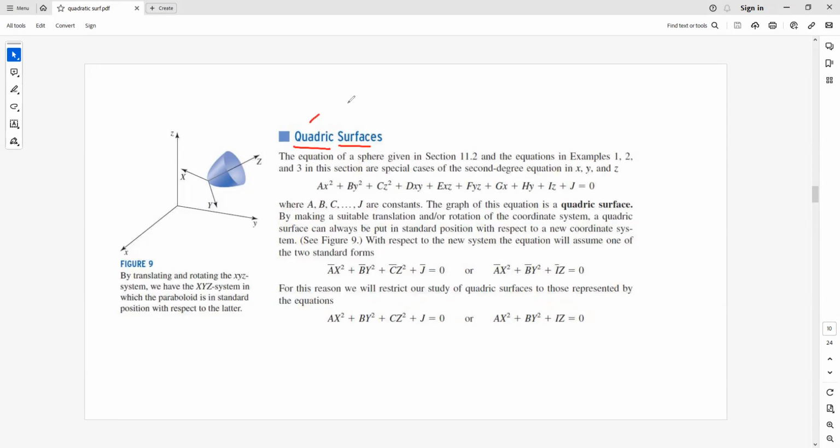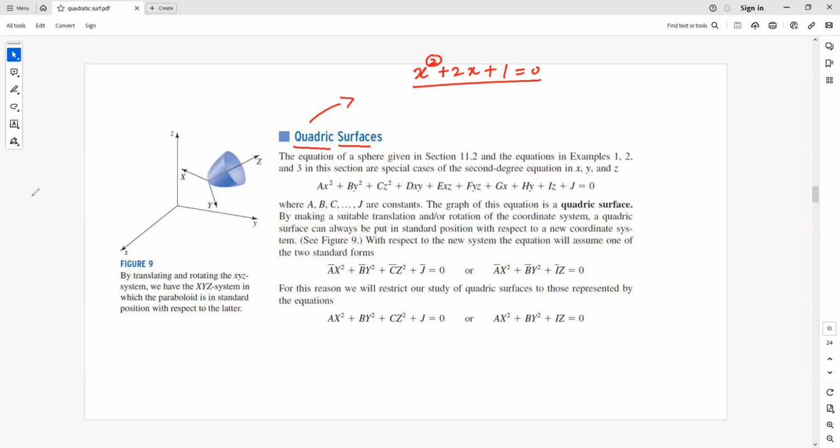So the word quadric represents a surface, just like if we talk about a quadratic equation, as we all are familiar with. It's quadratic because its power is 2. Therefore, we call it a quadratic equation.